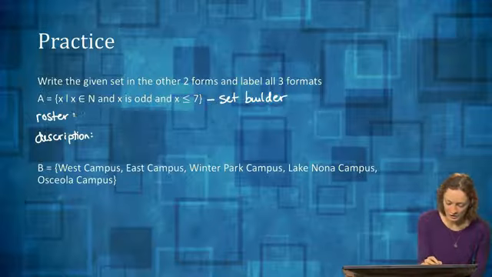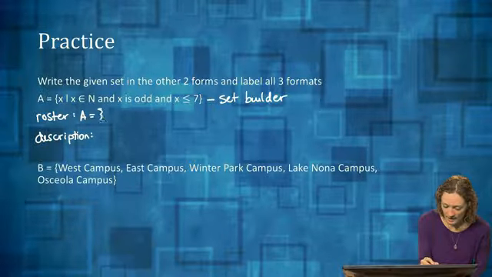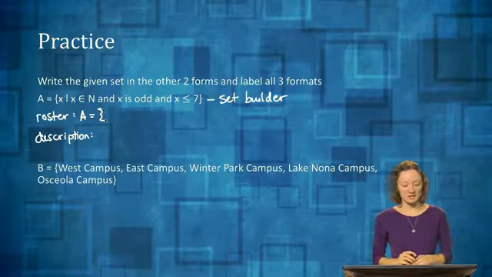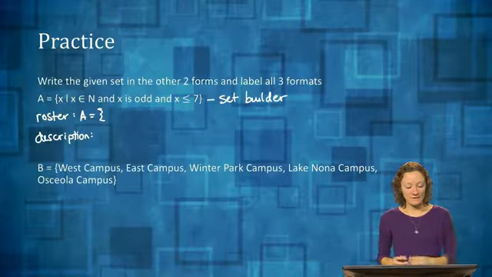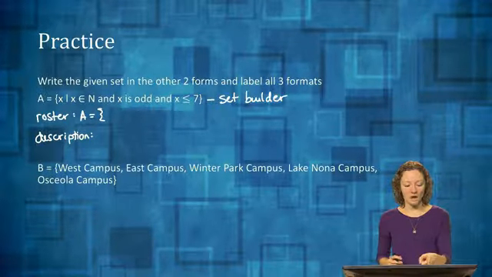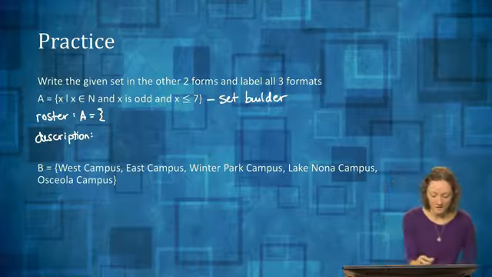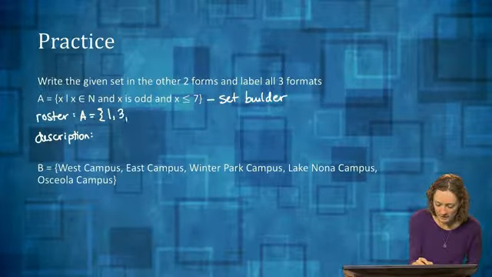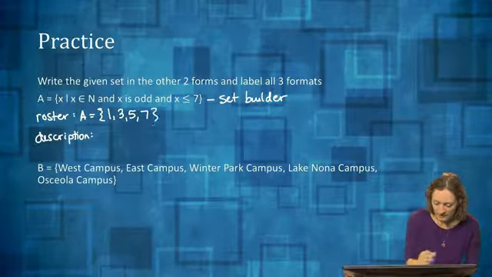So let's make the conversions. Set A and roster, we're listing exactly what those elements are. So we have the set with natural numbers that are odd, that are less than or equal to 7. So we have 1, 3, 5, and 7.